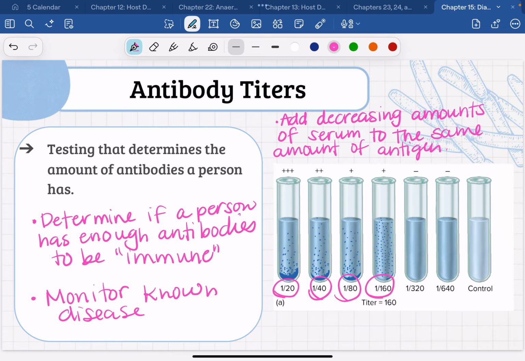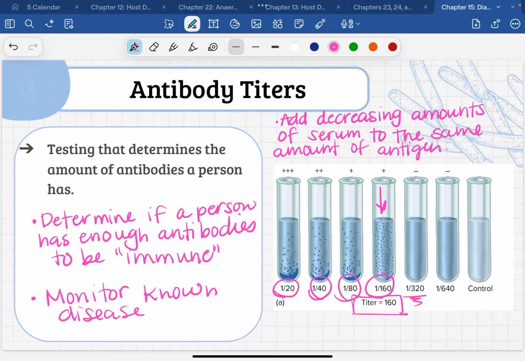So you still see agglutination in this tube, but at 1 over 320, they no longer have a reaction. So this person's titer is 160. That's how we report that. It means that they have a reaction up until you dilute the serum 1 to 160. But if you dilute it any further, there is no reaction.